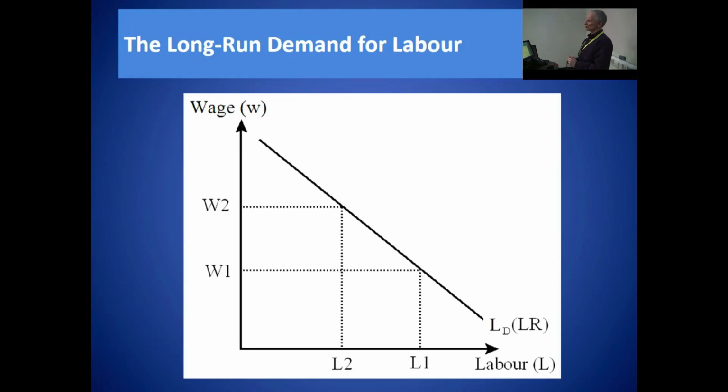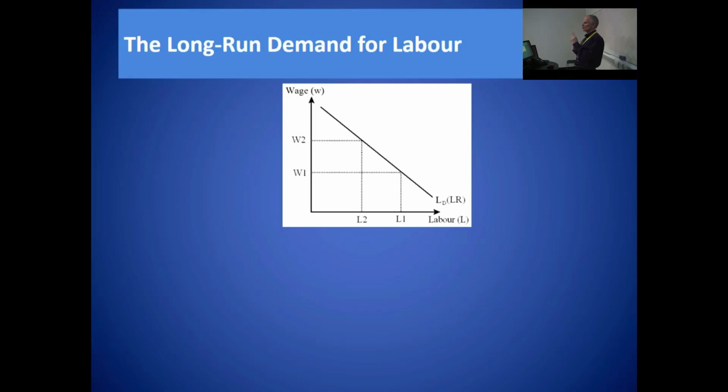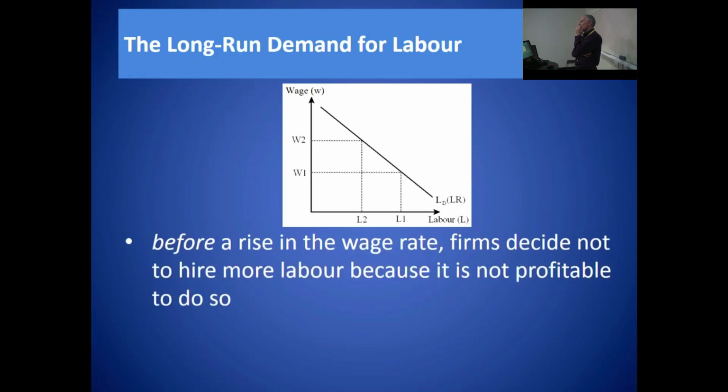It will slope downwards. And there are lots of complicated diagrams that we could go through to prove that. But what I want you to do is think about it intuitively. Why does that long run factor demand schedule slope downwards? So the question is, we've looked at what would happen if the price of labour increased.